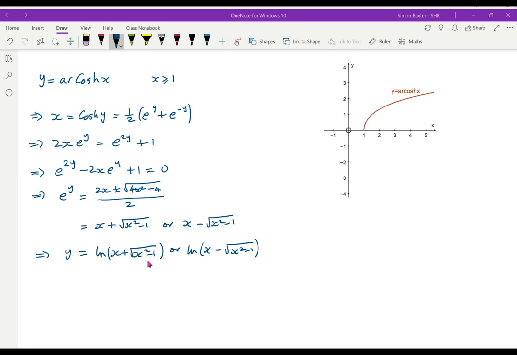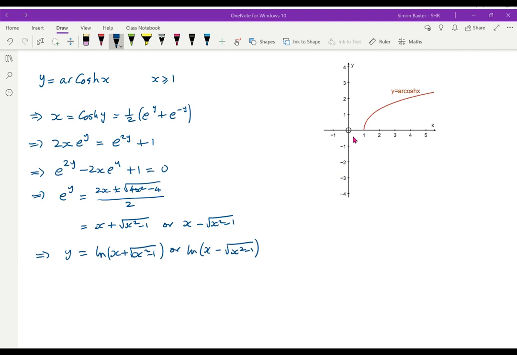Well, if x is greater than or equal to 1, this is quite clearly and happily a positive number which is greater than or equal to 1. This is more interesting. This is very slightly less than x. When I do x minus root x squared minus 1, it will still be a positive number, but it will lie between 0 and 1.